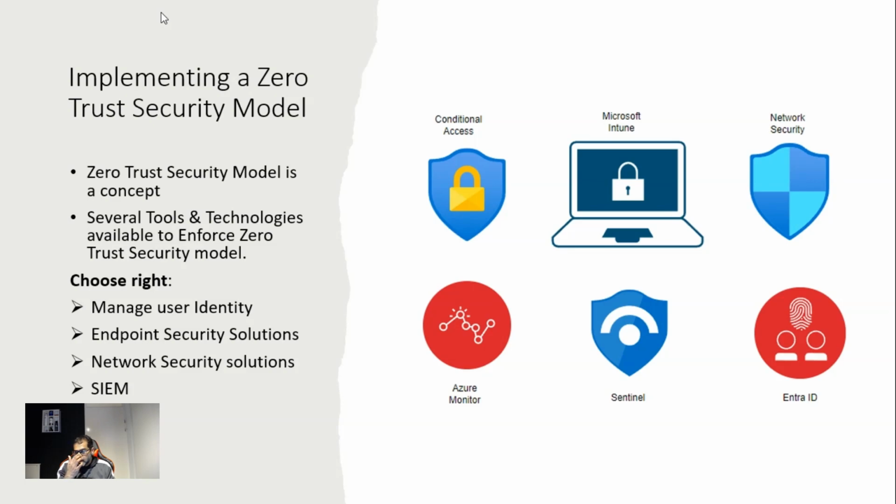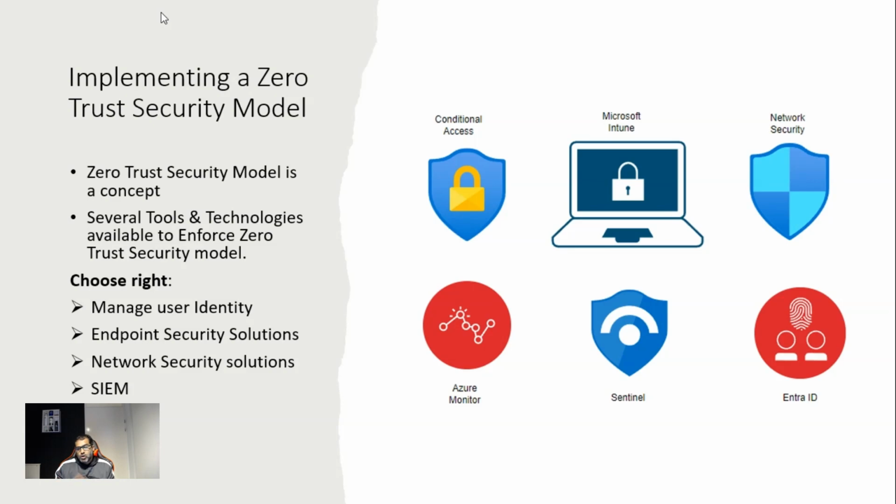For example, a VM which is running in Azure, or you have microservices which are running. There is a lot of network security that you can enable, for example, Azure DDoS protection. Those things will definitely help you in securing your web apps that are running in your Azure subscription.